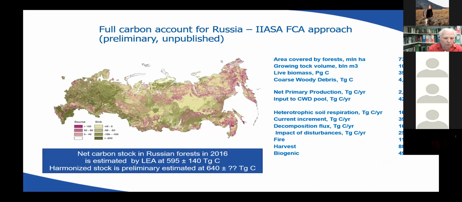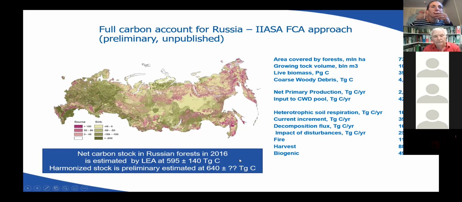If we use only the landscape ecosystem approach, we have roughly a 600 teragram carbon sink in 2016 with uncertainties of roughly 25-27%, probability 0.99.